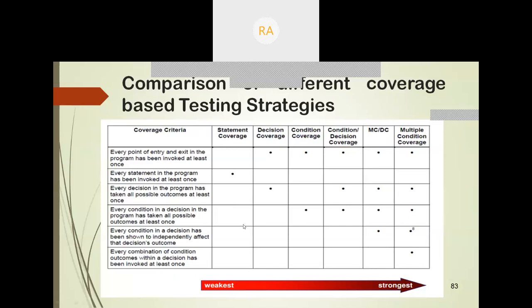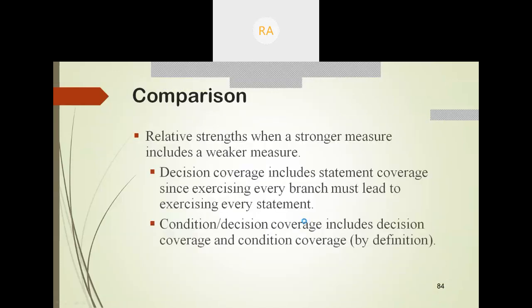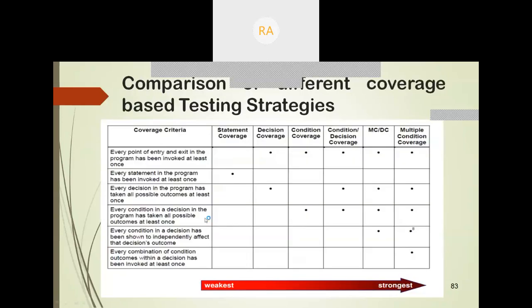Okay, then you have something called every condition in the decision in the program, whether it has taken all the possible outcomes at least once, that is with respect to condition coverage. Then it is also possible here, every condition in the decision in the program, whether it has taken all the possible outcomes, it can be achieved by MCDC, condition coverage, multiple condition coverage.